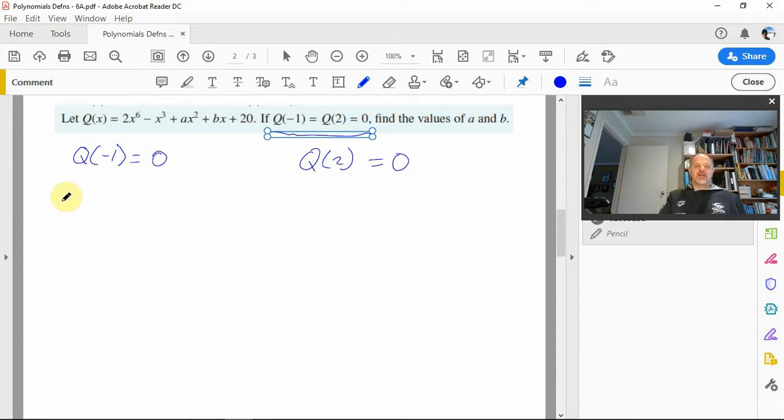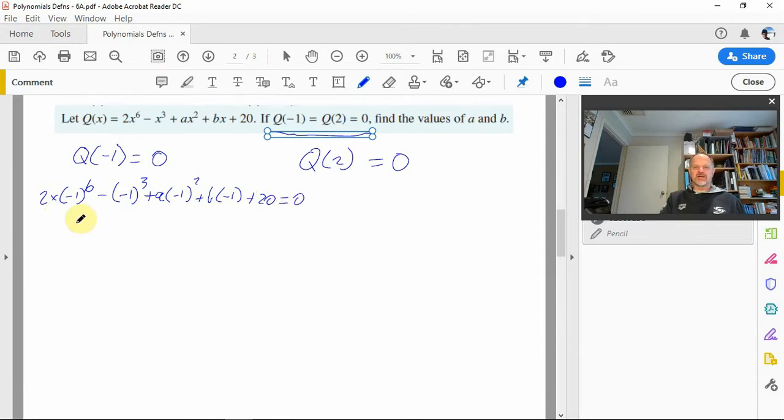Now if we stick in -1, we've got 2 times -1 to the 6 minus -1 cubed plus a times -1 squared plus b times -1 plus 20, and that's 0.